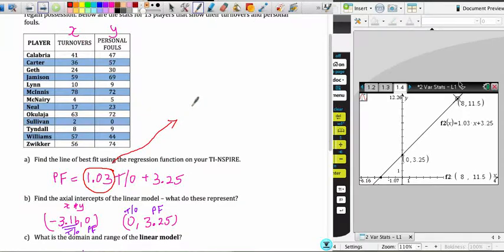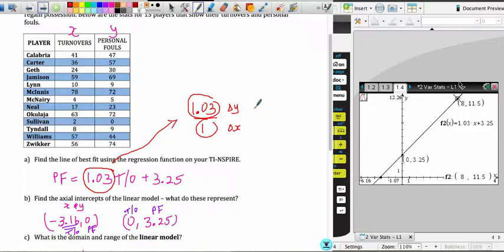And so what this is essentially saying is that the slope is 1.03, which is 1.03 over 1. For each additional turnover, we are expecting, according to this mathematical model, 1.03 additional personal fouls.